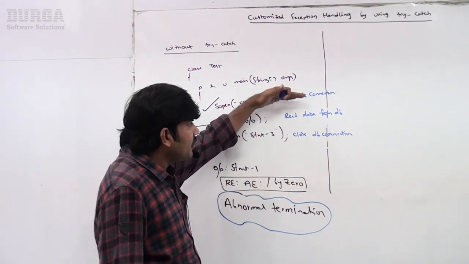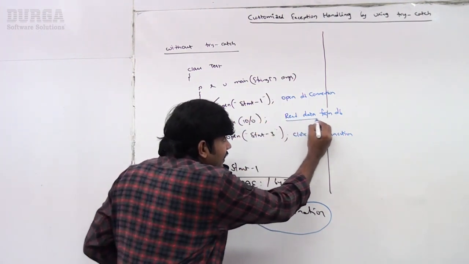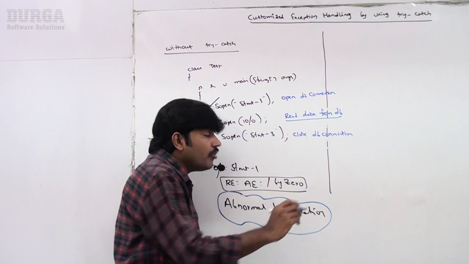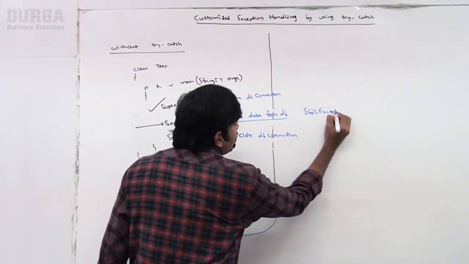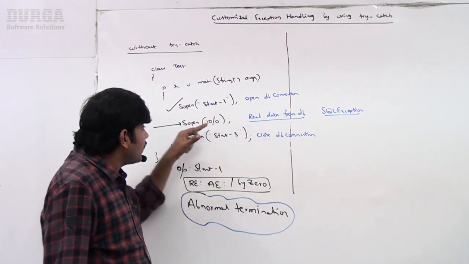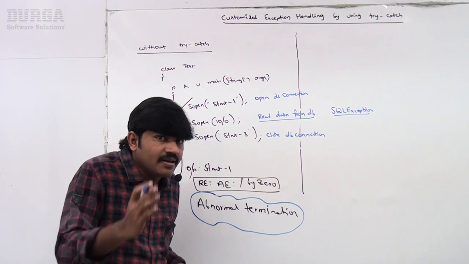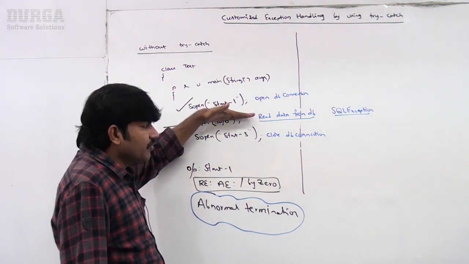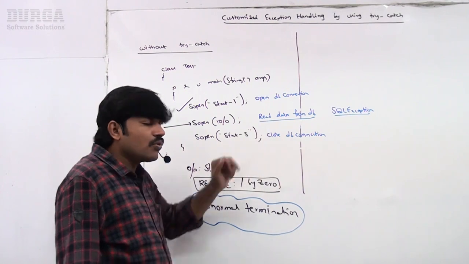I opened the database connection successfully, but while reading data from the database, assume that I got an SQL exception, but you didn't handle it. The program will be terminated here only. If the program terminated here, who is going to close the DB connection?